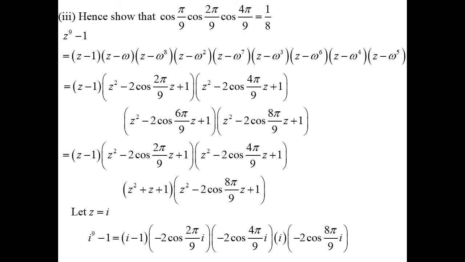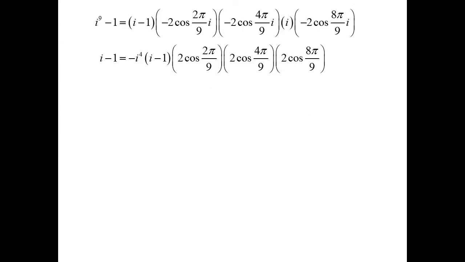Now, but my z squared plus z plus 1, that's the i sitting there by itself there. But we now have the cosines multiplied together. All right, so that's where we got it to. I to the power of 4, because we've got i in the last factor, i by itself, i in the third last factor, i in the fourth last factor. So they all multiply together to give i to the power of 4.